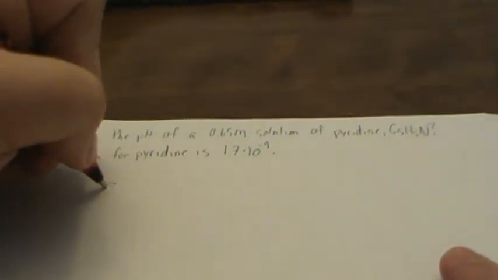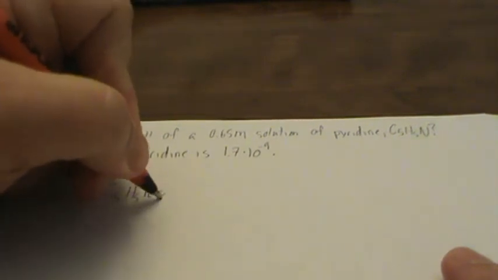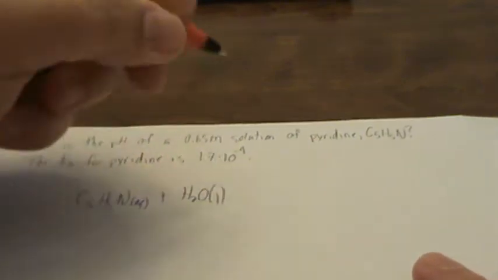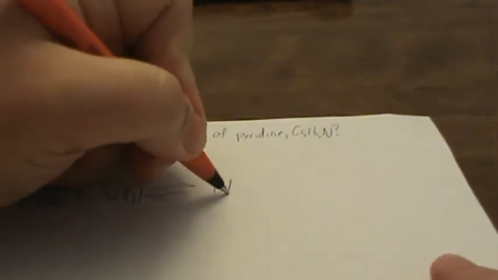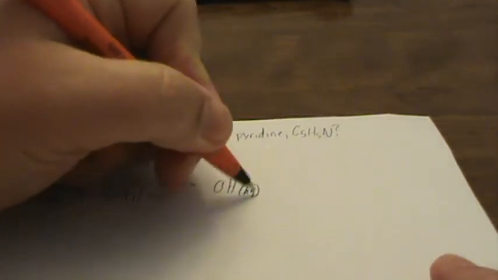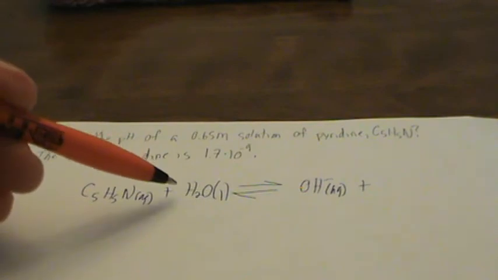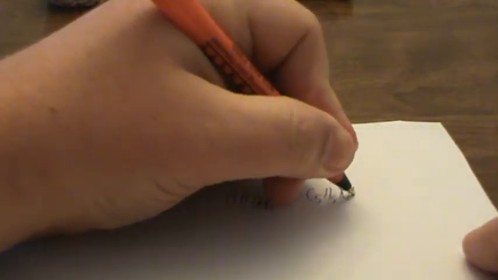For our weak bases, we take our weak base and add it with water. If you remember from yesterday's video, the reason we add water is so that we can get our hydroxide ion, because water breaks apart into hydrogen ions and hydroxides. The hydrogen ion from the water attaches to the pyridine, so we put C5H5NH+.